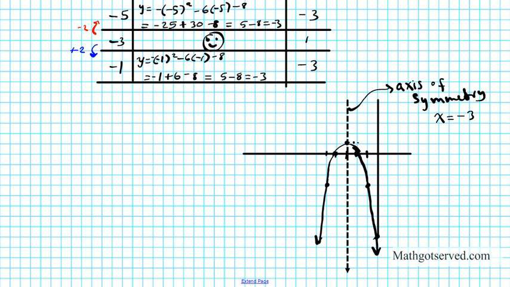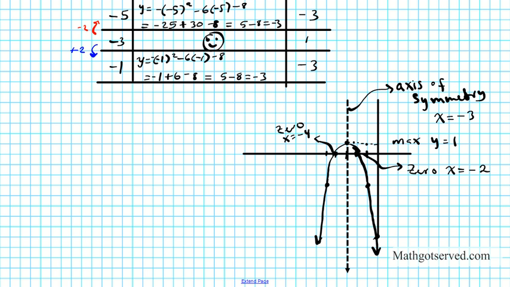This point right here is your maximum, which is y equals 1. And this is a 0. This is 1, 0. x equals negative 4. This piece right here is another 0, which is x equals negative 2. And there you have it.